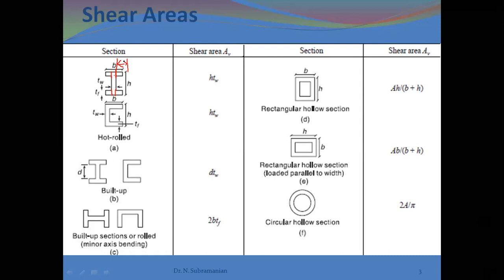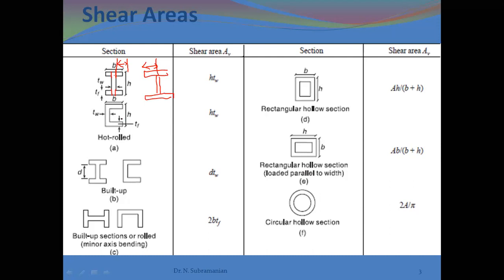So when you are calculating the width of your flange, you have to take only half of the portion. Why? When two I sections are placed like this, half of this section comes under the width of the flange, and half of the portion comes under the width of the flange.